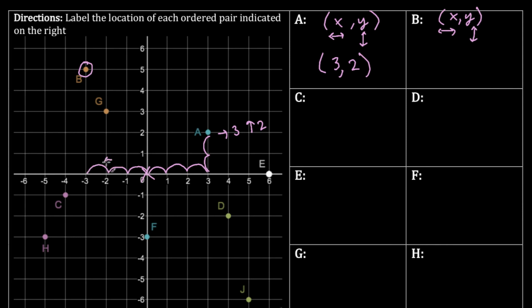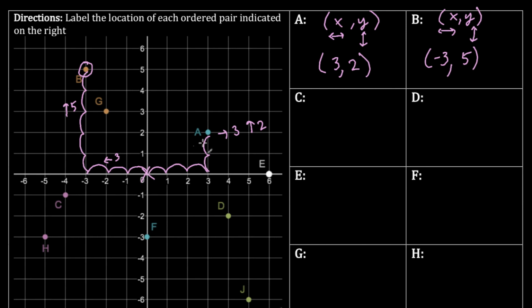So I'm going to put left 3. And then we have to go up 1, 2, 3, 4, 5. So up 5. Left 3 means -3. Up 5 means +5 because we went upwards.